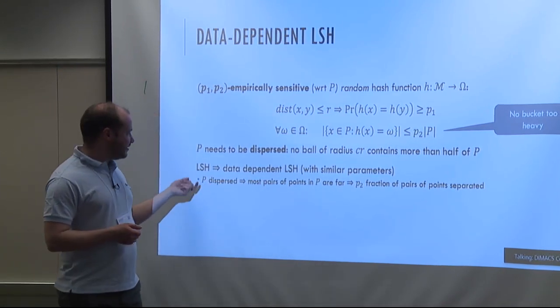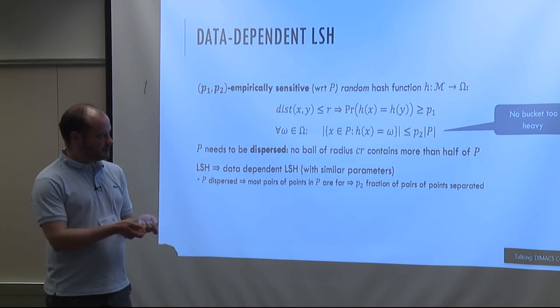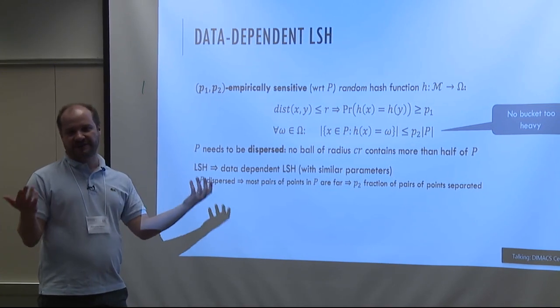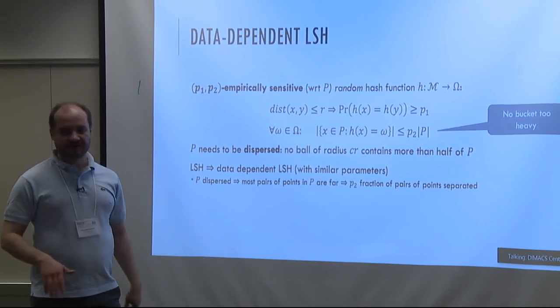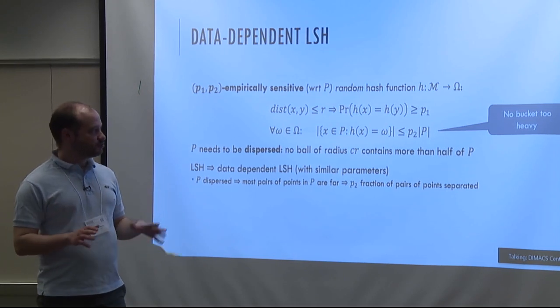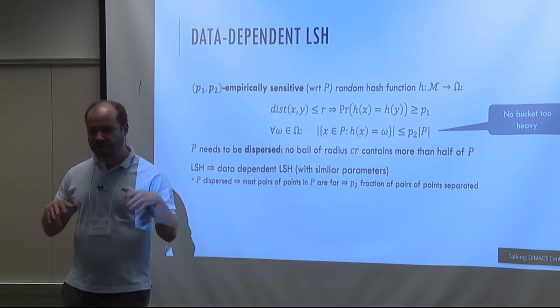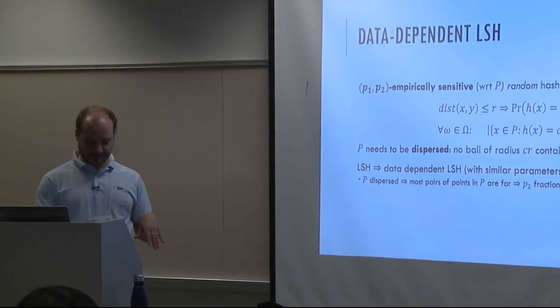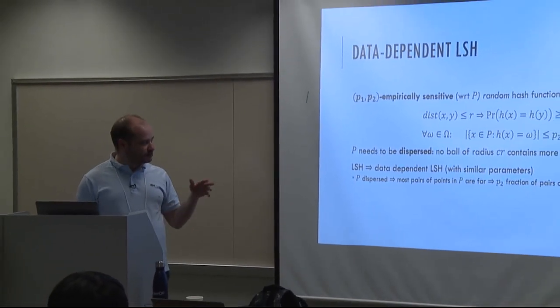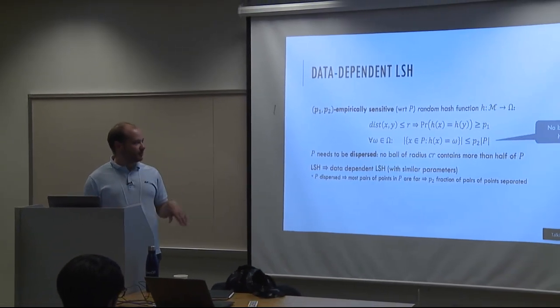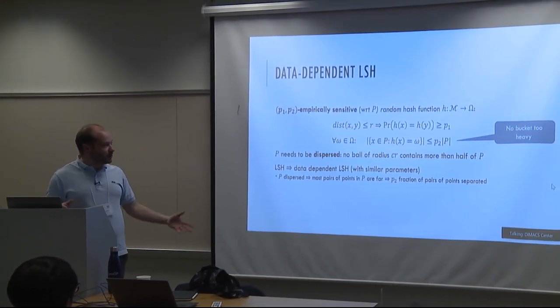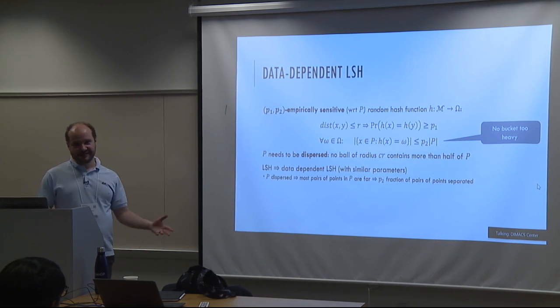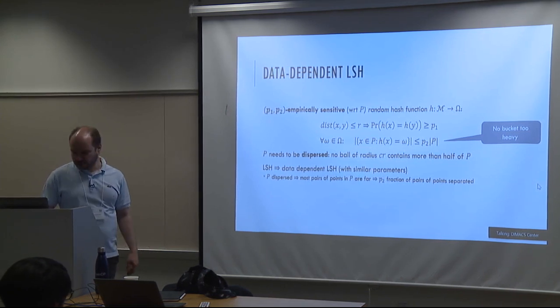And if I pick a regular LSH function, this means a P2 fraction of the pairs of far points will be separated. So if I do things carefully, I should get that no bucket in my hash table is too heavy. Kind of makes sense. Okay, good. So far I introduced some definition, and I said, if I have a regular LSH, then this is satisfied. Good. So why is that helpful?